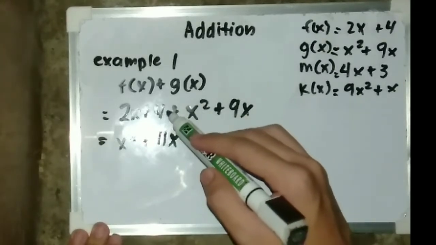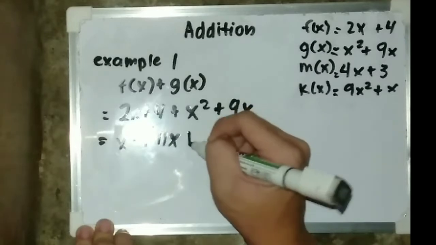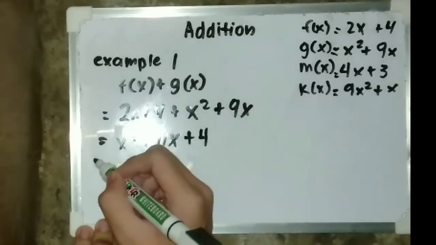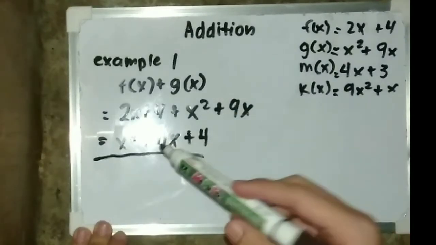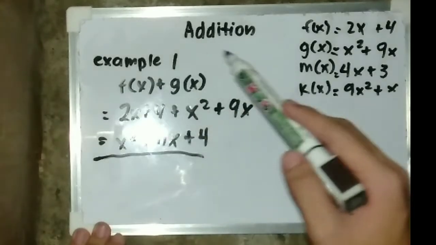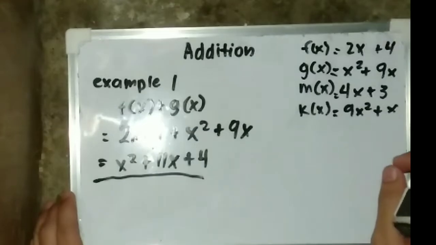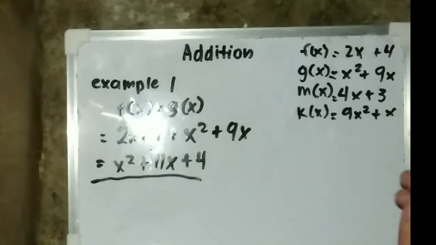May like term po ba ang positive 4? Wala po, kaya i-bring down lang din po natin. Ito na po yung final answer natin: x squared plus 11x plus 4. So, f of x plus g of x is equal to x squared plus 11x plus 4.